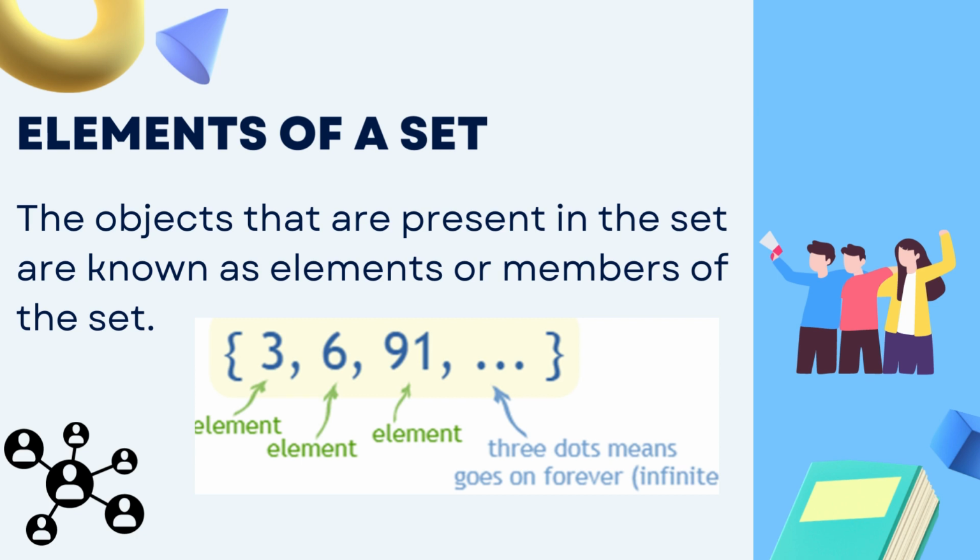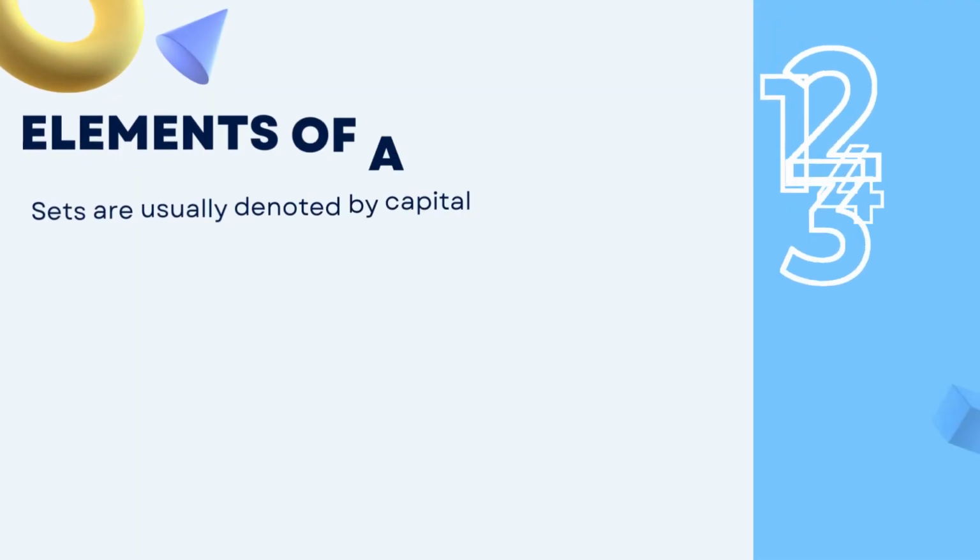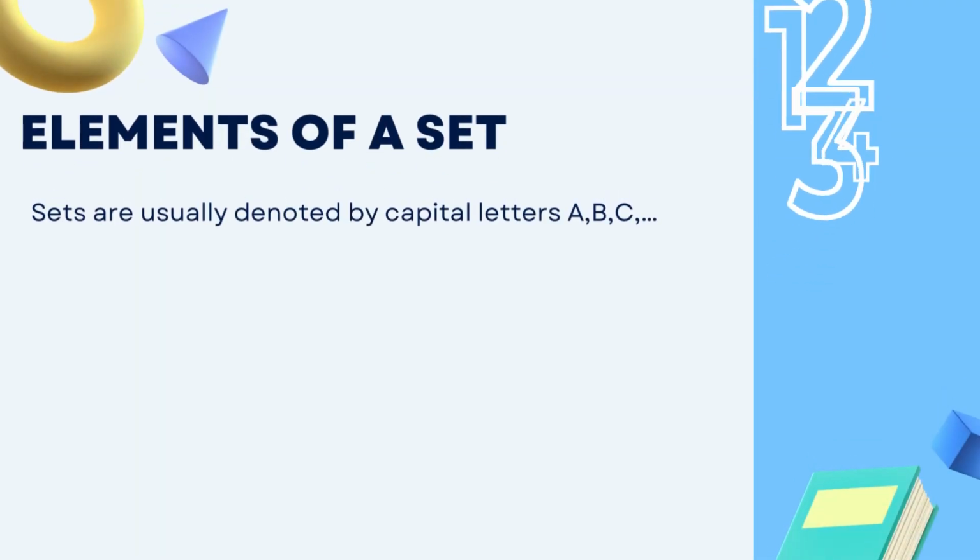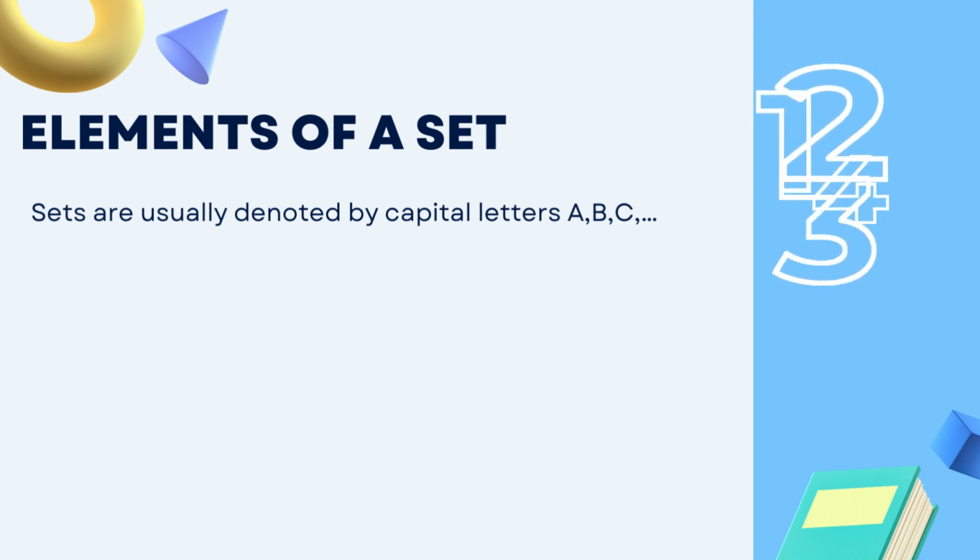It's an infinite set. However, what I need you to focus on is the numbers which represent elements. And these numbers are known as members or elements of the sets. Furthermore, sets over here are usually denoted by capital letters.